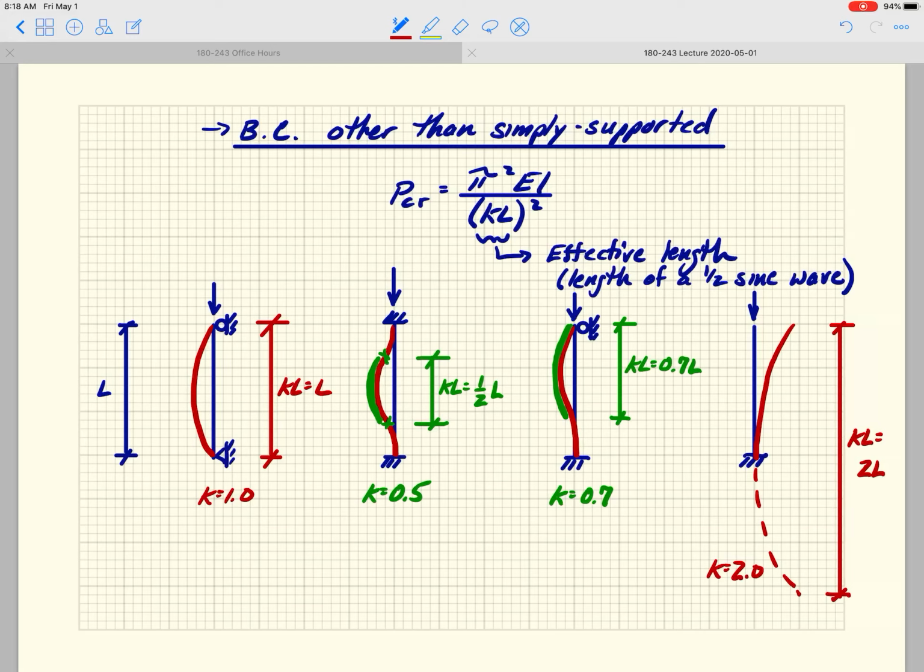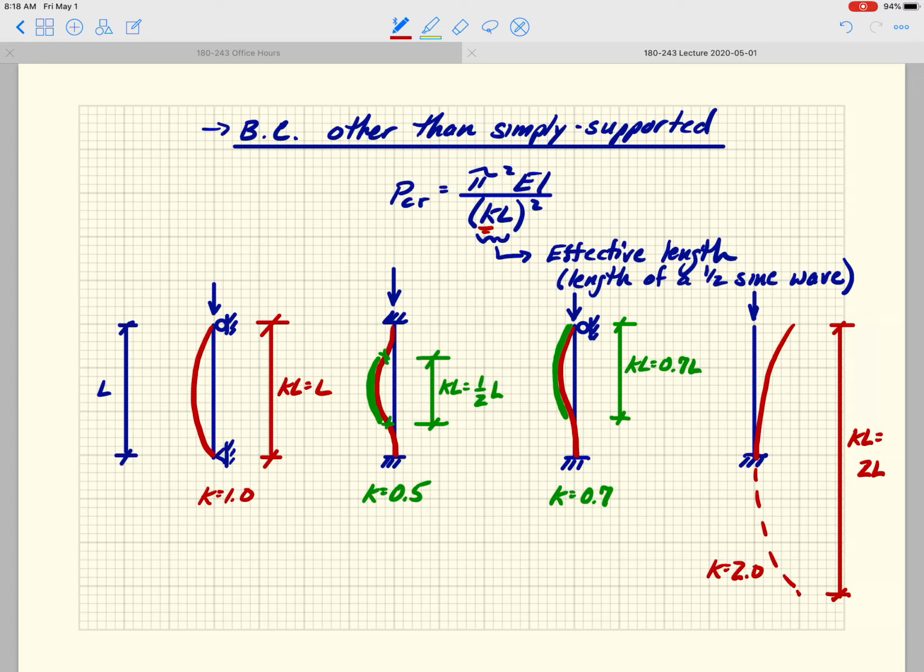So this is a much more powerful way to make use of the buckling equation. We define this effective length term, K, that goes from 0 to, I guess it can probably go to just 2. I think 2 might be the maximum. These are the only cases that we're going to deal with. So simply supported, that's just a single half sine wave. Fixed is just half of the length is the half sine wave.